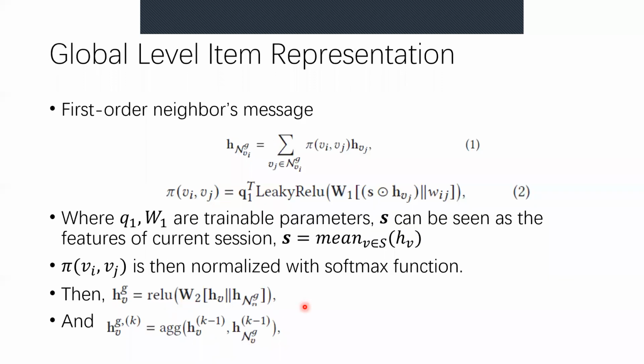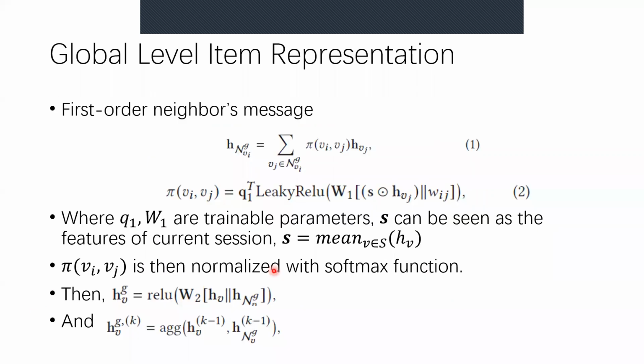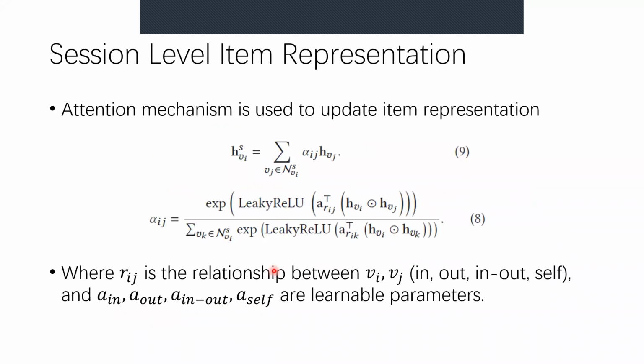And then we're going to look at the session level item representation, which is this part in the overall method. For each session graph, we get another session level item representation. It's basically still a message passing framework.